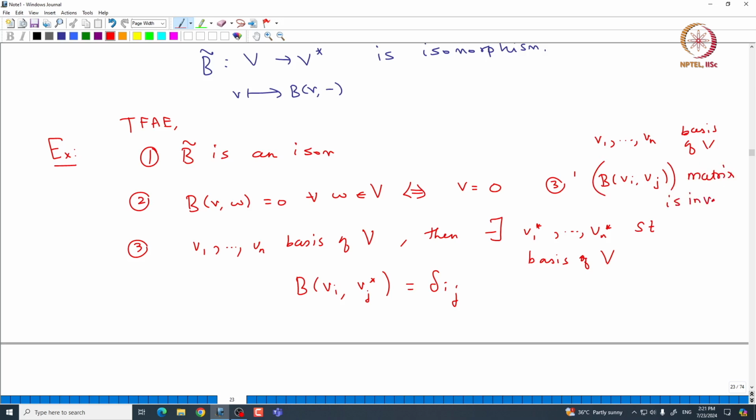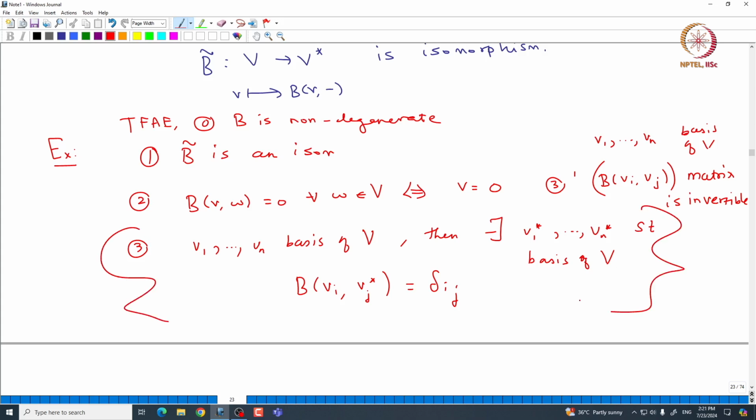All these are equivalent to B being non-degenerate, so you can take any one of them as the definition. The most important thing is this 3.